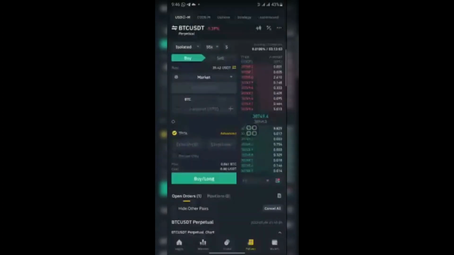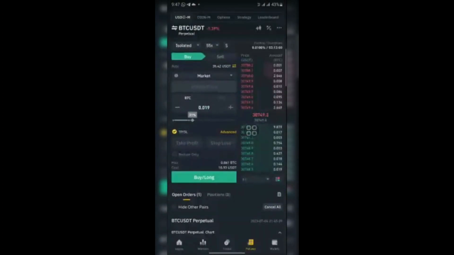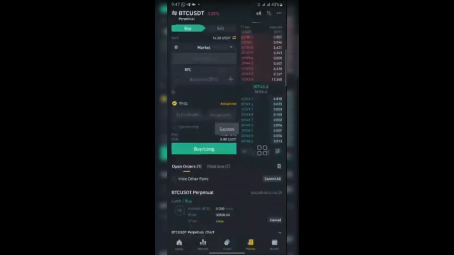So can you see? The market will enter immediately. That one will come to this position and enter for you immediately. So can you see? It's already in positions.